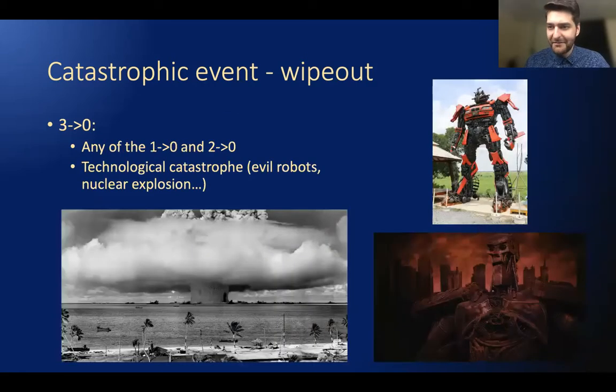And then all of these apply if you have technologically advanced civilization. All of these risk factors are there. But technologically advanced civilizations, they have another risk factor, and that is the wipeout due to technology itself.